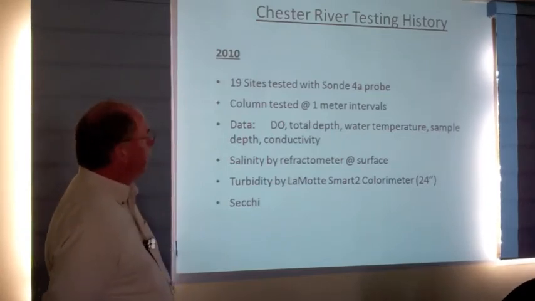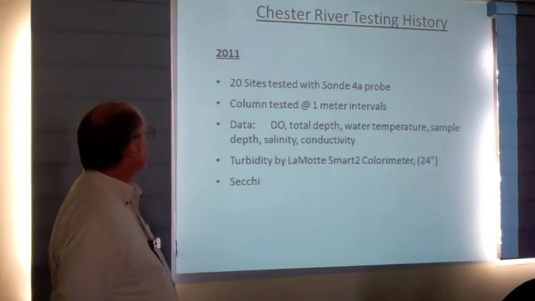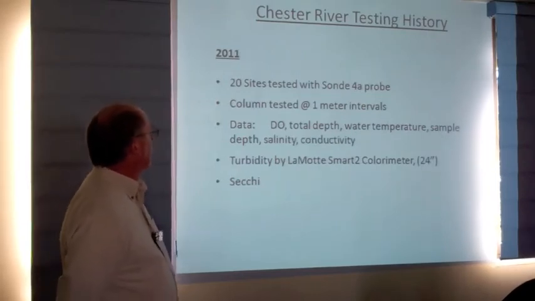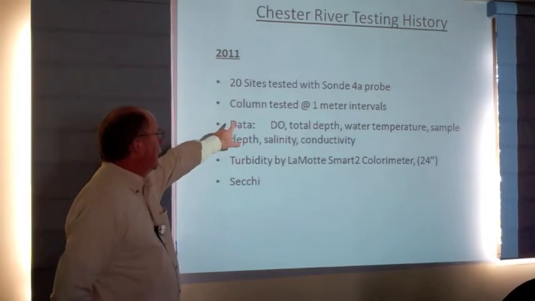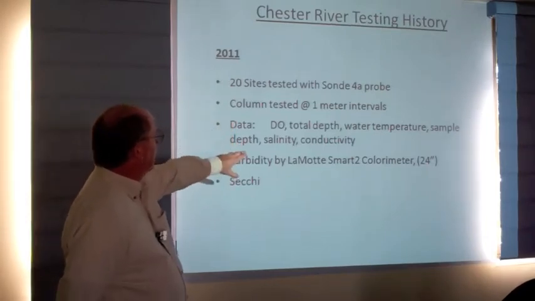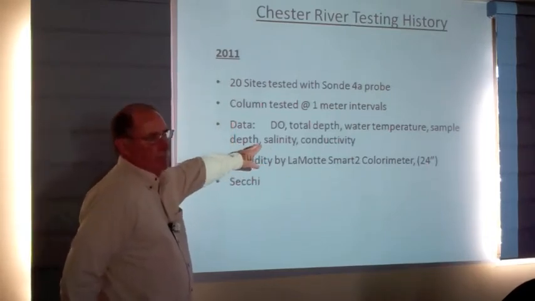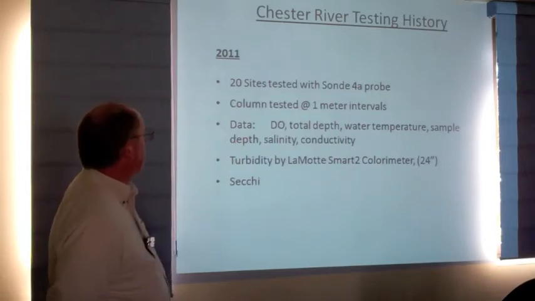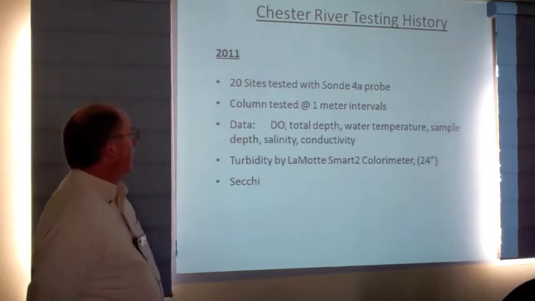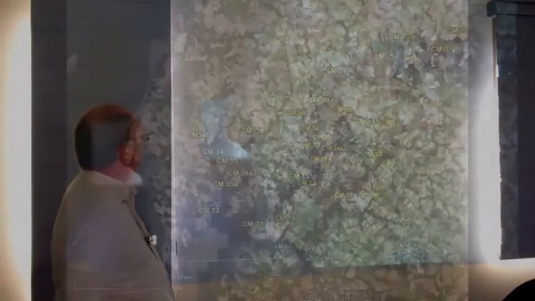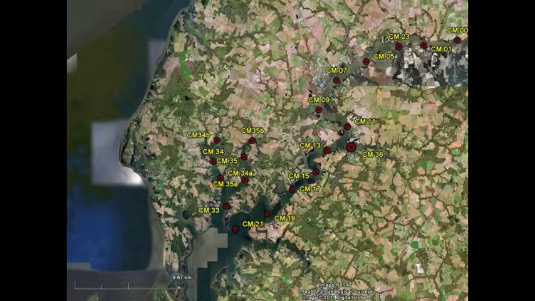And again, Secchi. In 2011, again, we collected at 1 meter intervals. We included salinity this year, turbidity, and Secchi. This is just an example of where our test sites are.